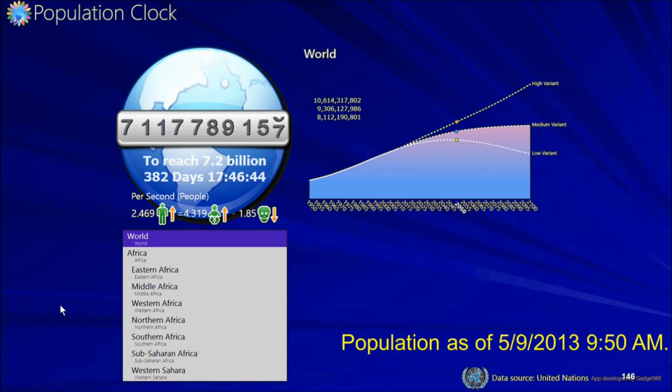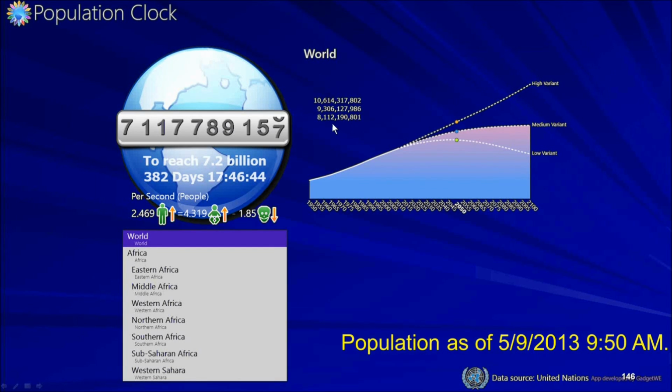Now, this is from the population clock, and you can see that we have 2.496 worldwide being born, and here's the total number being born, minus those that are dying. But this also shows you projections for the future. At 2050, the world population clock, which is real close to the world census, it doesn't differ very much.